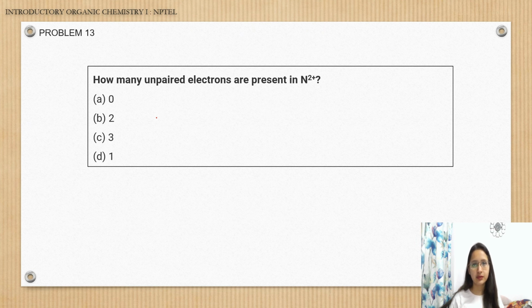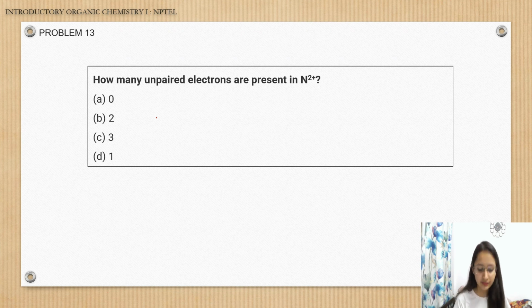So coming to question number 13. Now they're asking how many unpaired electrons are present in N2 plus. Unpaired electrons, right? So N2 plus. First of all, what you have to do to calculate this unpaired electron? Write the electronic configuration.